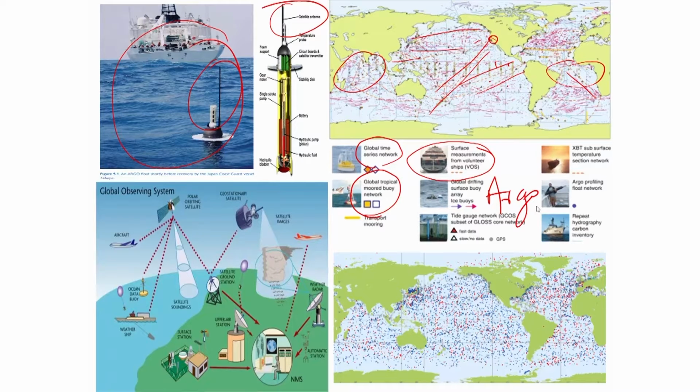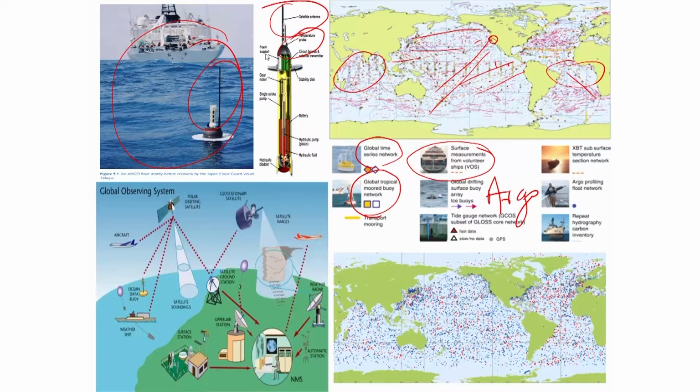And essentially it has various instruments. So it has a bladder so that it can go up and down, and it has the hydraulic fluid which changes between chambers. Its buoyancy can change, but it measures. It started with just trying to measure temperature, but nowadays it also measures oxygen and other things.